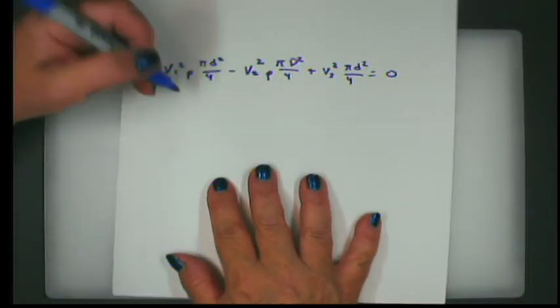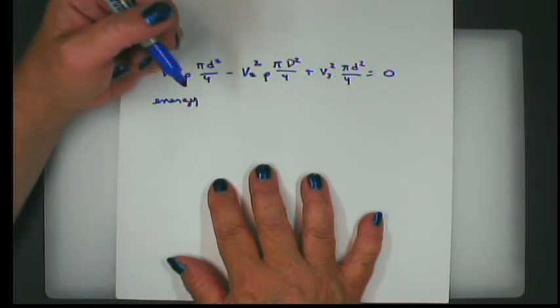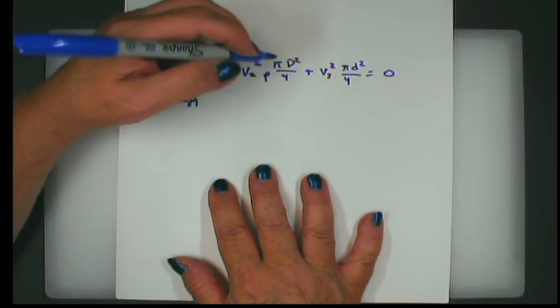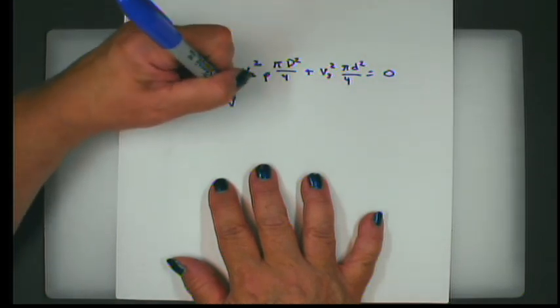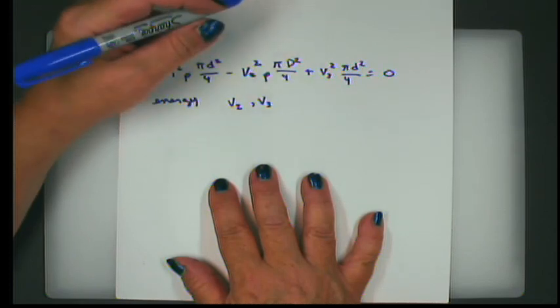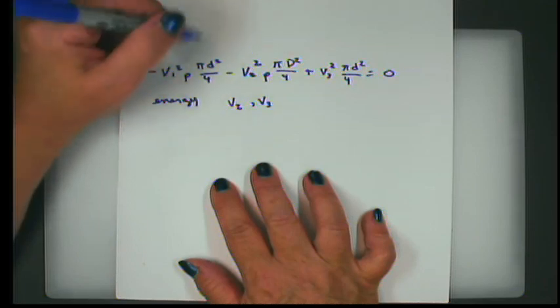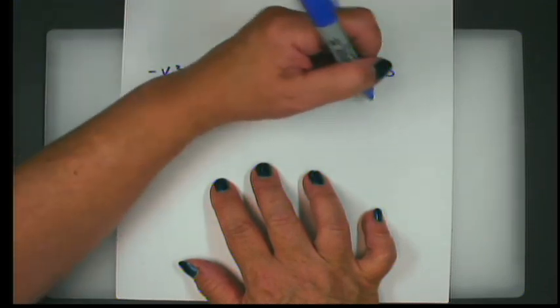All right, now speaking of energy, what do we know? Well, we know that if we want to find the velocity at 2 and the velocity at 3, they're going to be related to what's going on in terms of the water coming in.